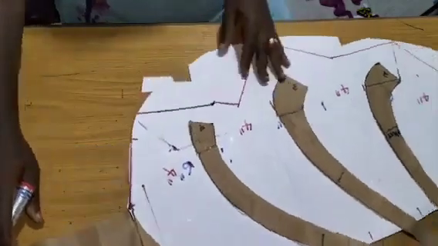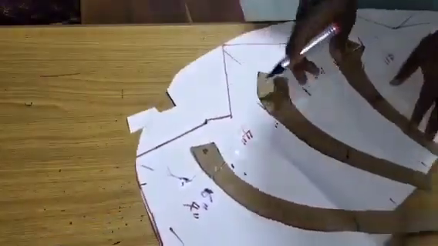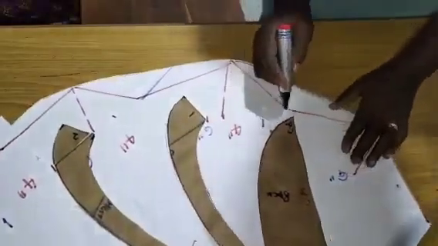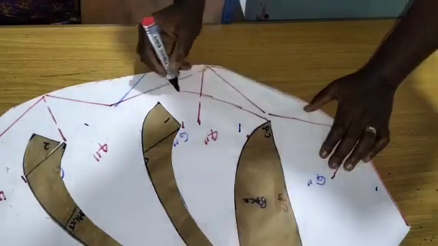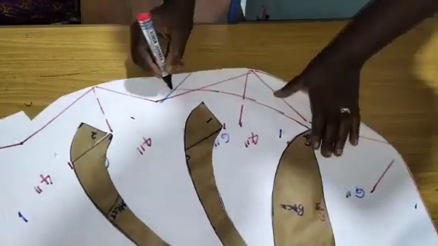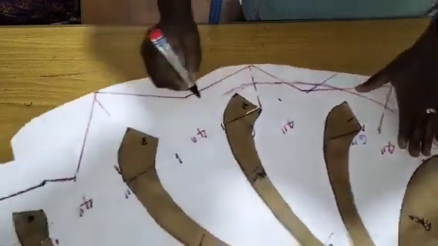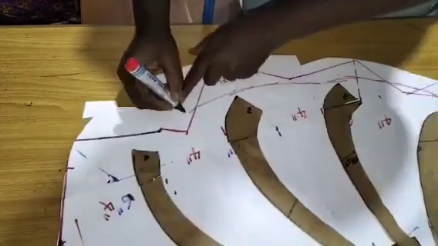Once I measure the 4 inches, I'll start curving, because if you look at this, you can see it's curvy. So I'll just do this curve. It might touch or might not touch, but just follow how my line is going.